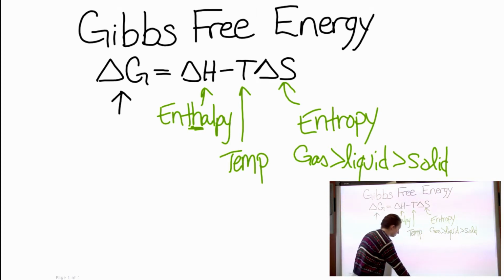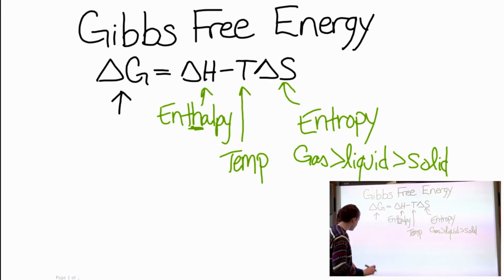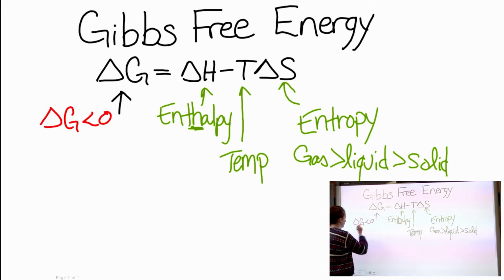And so when you're actually looking at delta G itself, it's a little bit against what you'd naturally go for, but if delta G is less than 0, your reaction is spontaneous and will take place by itself.